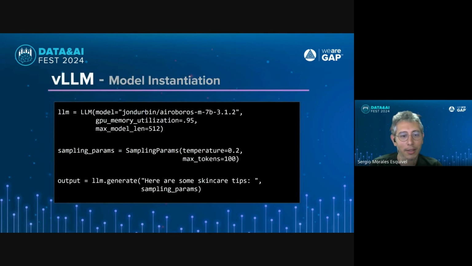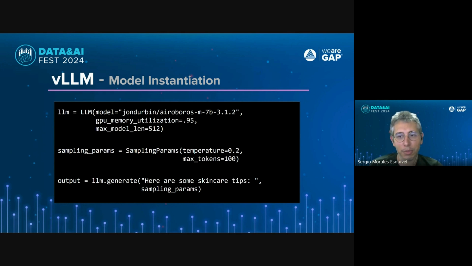This is what instantiating a model on vLLM looks like. It's not all that difficult. We can see that we are also specifying a model name. In this case, I'm specifying the Ouroboros, which is an instruction-based specialization of another model called Mistral, which is also very good.